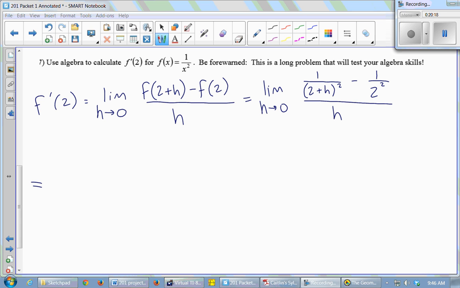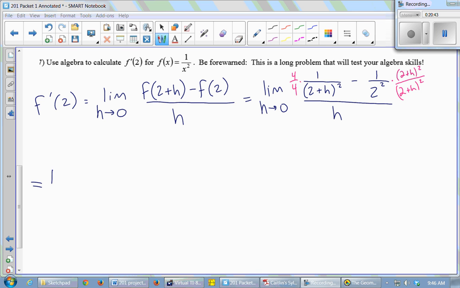When I look at the numerator, I'm subtracting two fractions. What do you need to be able to add or subtract two fractions? Common denominator. So this one I'm going to multiply by (2 plus h) squared over (2 plus h) squared, and this one I'm going to multiply by 4 over 4, because that denominator is a 4.